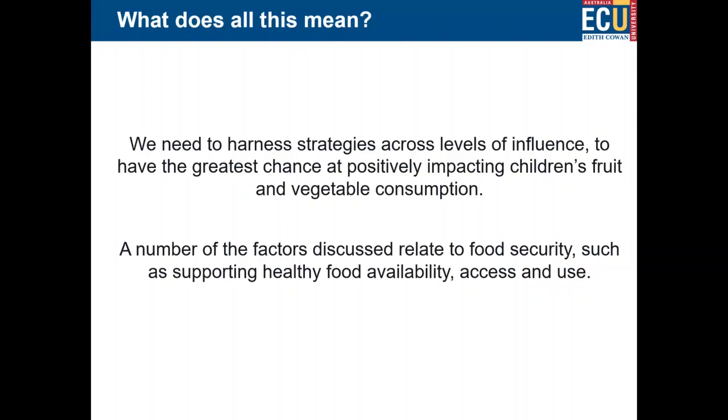So if we can intervene at these different levels of influence, we have the greatest chance at positively impacting children's fruit and vegetable consumption. And a number of these factors do relate to food security because they relate to food availability, access, use, and all of these different pillars of food security. Fruit and vegetable consumption relates to that nutritious food element of food security. So it's really important that we try to facilitate as many different ways as possible to help people achieve a healthy diet.